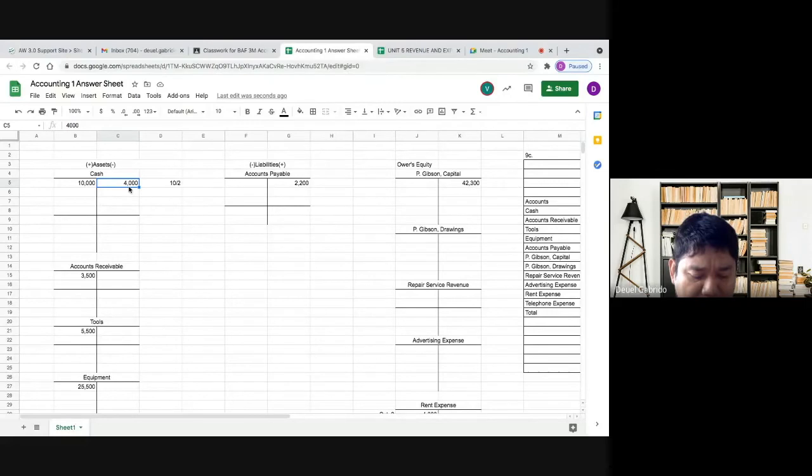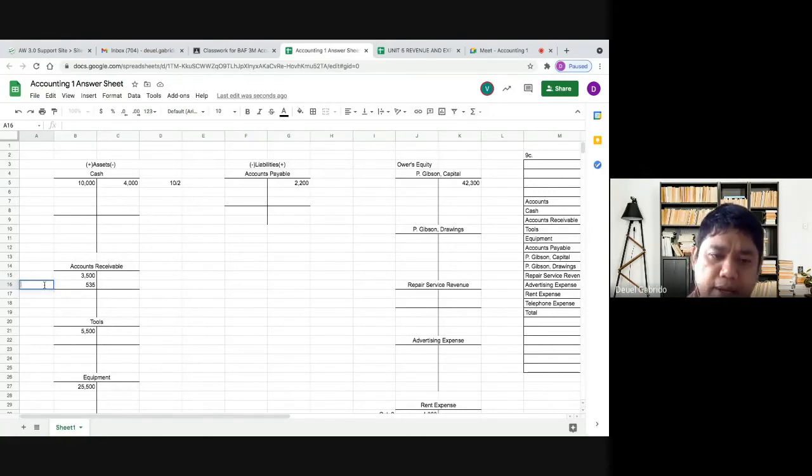Number 3, repair Jim Jones' car and bill him $535. So that is like an accounts receivable of 535 increase because this person just received the bill. Jim Jones is our customer, and that is 10/3.